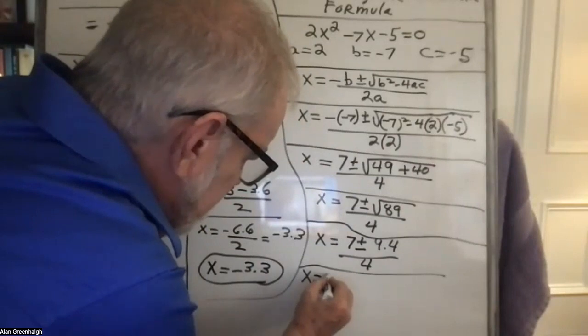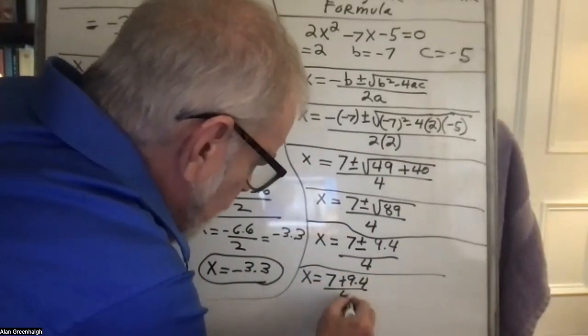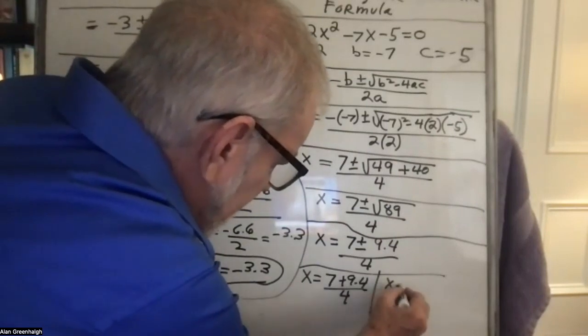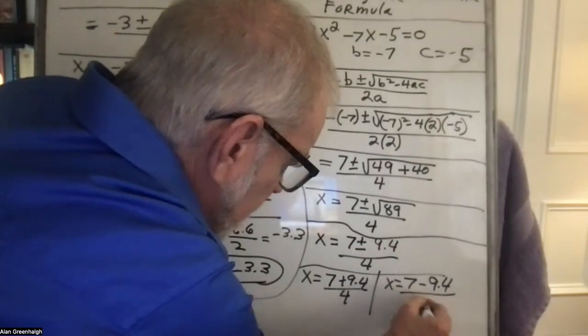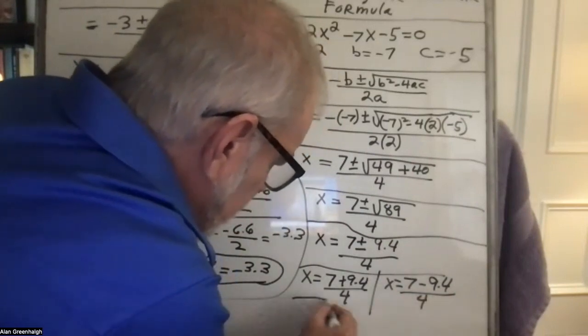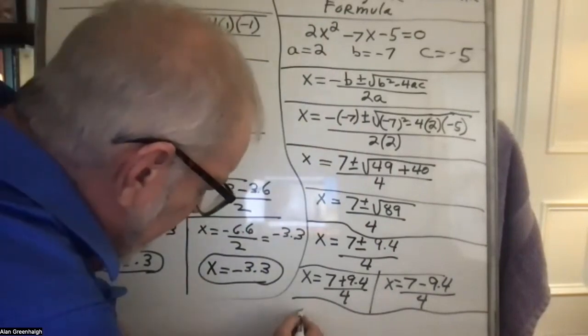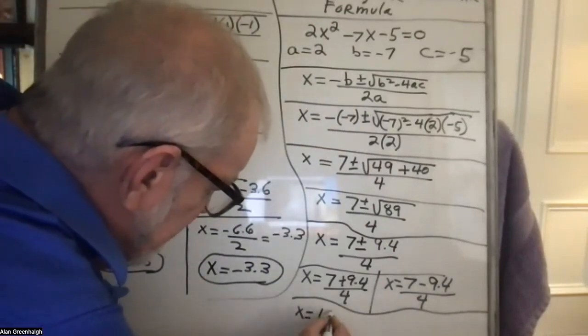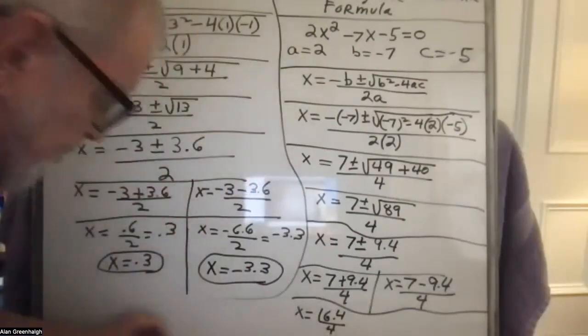x equals 7 plus 9.4 over 4. x equals 7 minus 9.4 over 4. Okay, so we're still on the problem now. x equals 16.4 over 4.